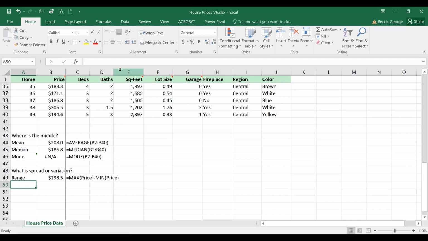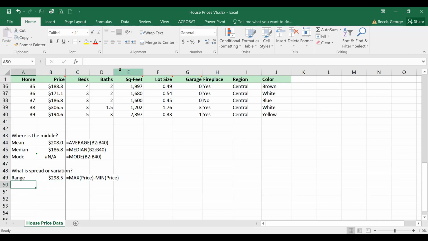I'm leaving it up for the visual effect. You might want to not have that. You might want to try calculating all these values for the other columns. The only problem here is, since I've worked with price, copying that to the next column, I'd have to define names for beds, baths, etc.